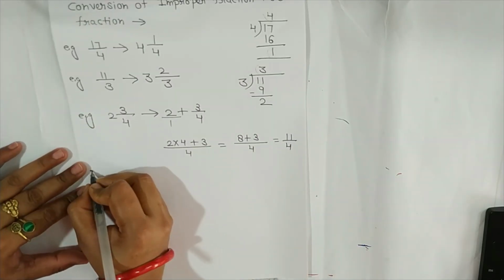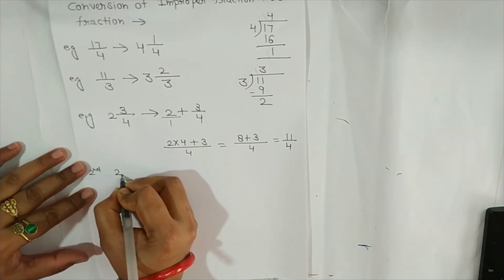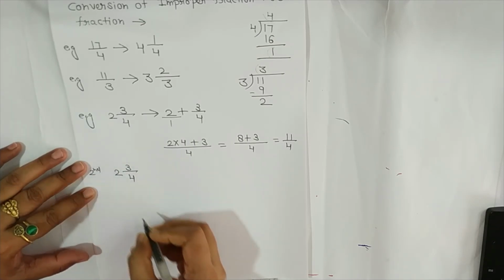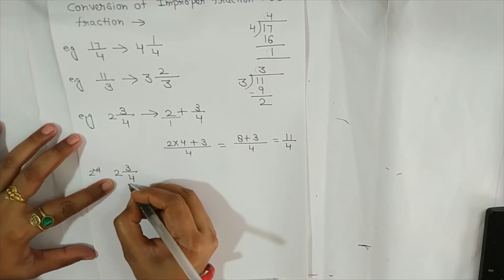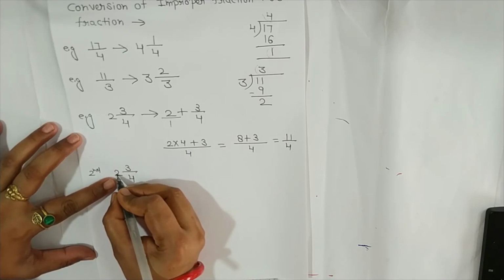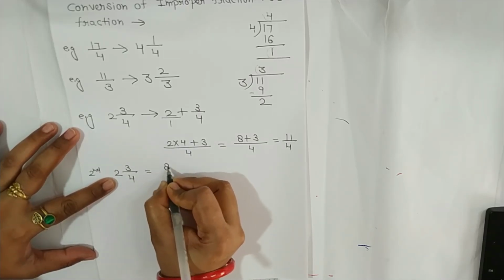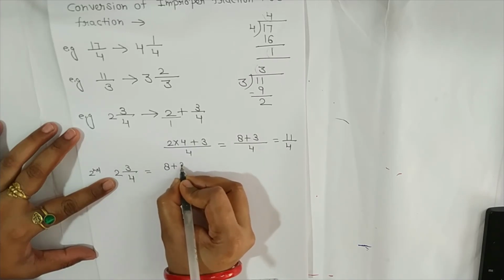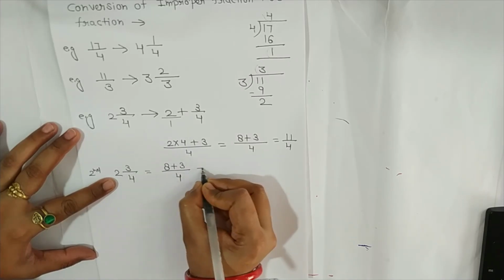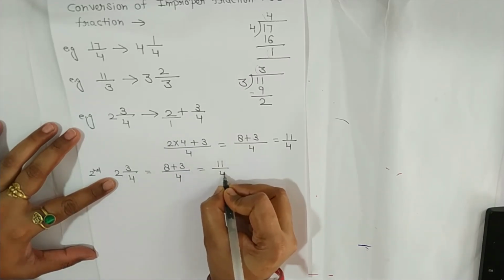Then the second method, directly you can multiply the denominator with the whole. So the whole is multiplied with the denominator, it is 8, plus the numerator, that is 3, divided by 4. So it will be 11 upon 4.